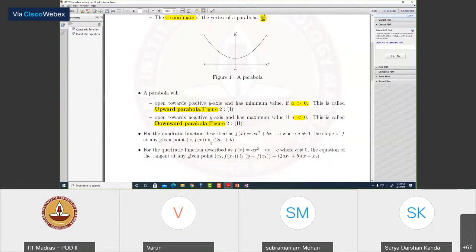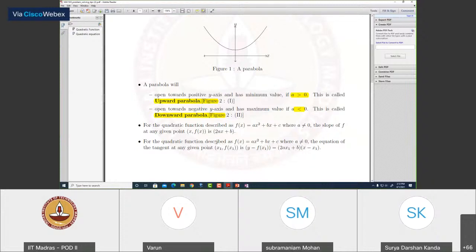Then there are some extra points. For the quadratic function ax squared plus bx plus c, where a is not equal to 0, the slope of this function at any given point is 2ax plus b. That is also taught in the lecture.